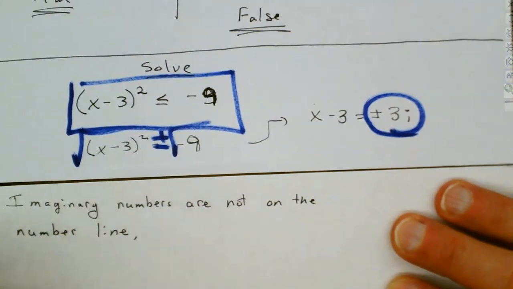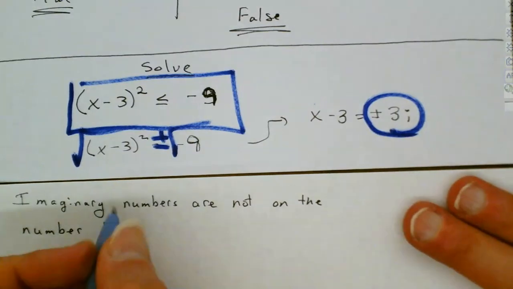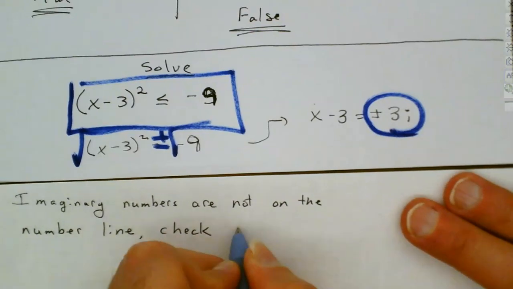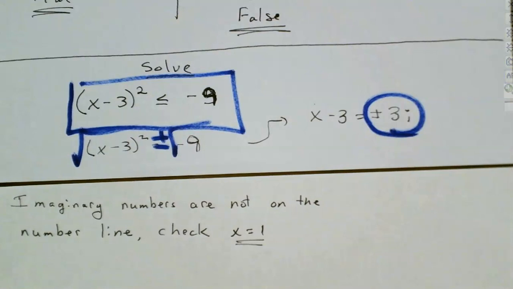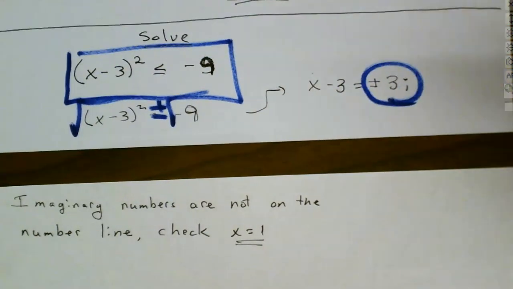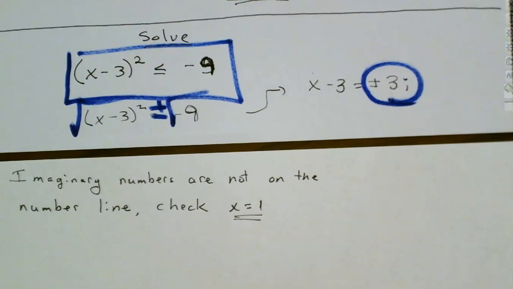So once it's not on the number line, you need to check a number. So check any number. I'll just usually have you check 1. And I want you to see what the sign will be. So if it's an imaginary number, I can't put them on a number line. It's either going to be true or it's going to be false, because it never changes signs. So I pick any number that I want to check.